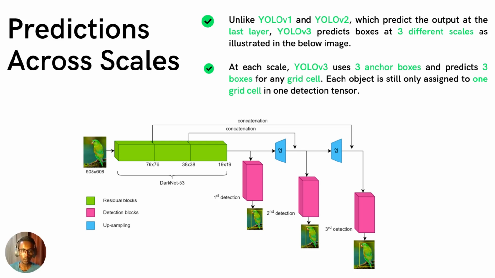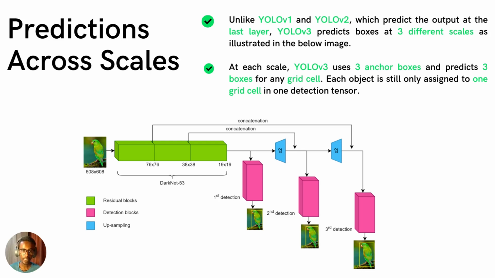In YOLOv2, the prediction boxes were predicted on the last layer, which has a 13 by 13 dimension. And in YOLOv1, we used a 7 by 7 output. There is only one scale, so we can only perform detection within that scale.